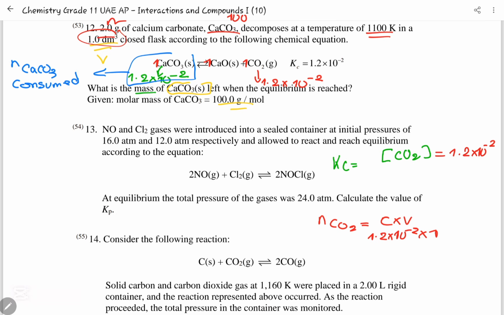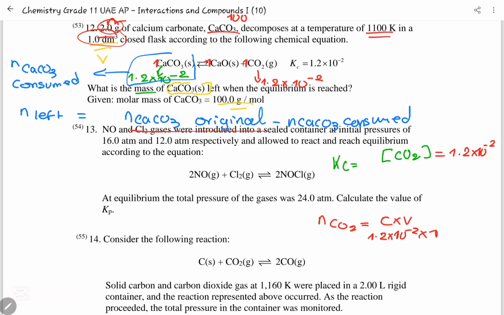How do I find the number of moles of CaCO3 left? It would be the number of moles of CaCO3 originally minus the number of moles of CaCO3 consumed, okay? So let's find the number of moles left of CaCO3. Let's find the number of moles originally.